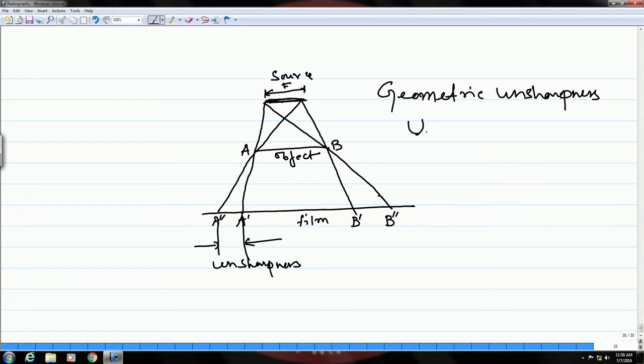Which is indicated as UG. So, this is the UG, and if you consider this ray diagram and the geometry over here. So, if you consider this triangle, this one and the other one, this one.